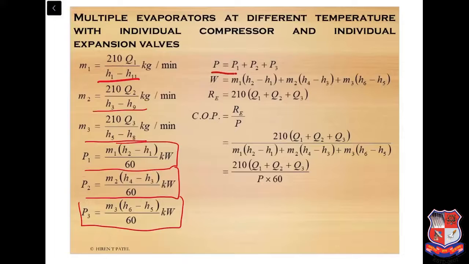So total power will be P1 plus P2 plus P3, same as total work done will be W1 plus W2 plus W3, that is M1 H2 minus H1 plus M2 H4 minus H3 plus M3 H6 minus H5. The refrigerating effect is 210 into Q1 plus Q2 plus Q3, and COP will be refrigerating effect divided by work done.